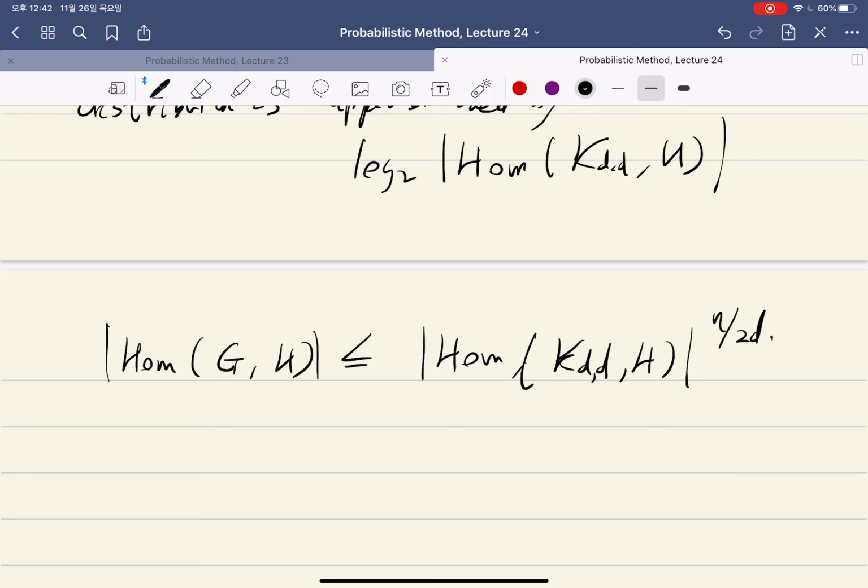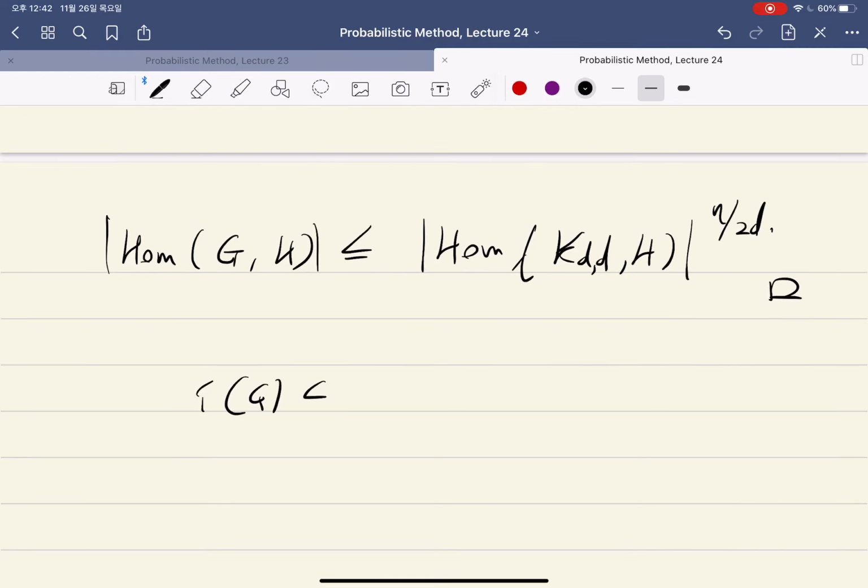This is what we get, and we can conclude that the number of independent sets of G is at most the number of independent sets in K_{D,D} to the power n over 2D. This proves what we want.